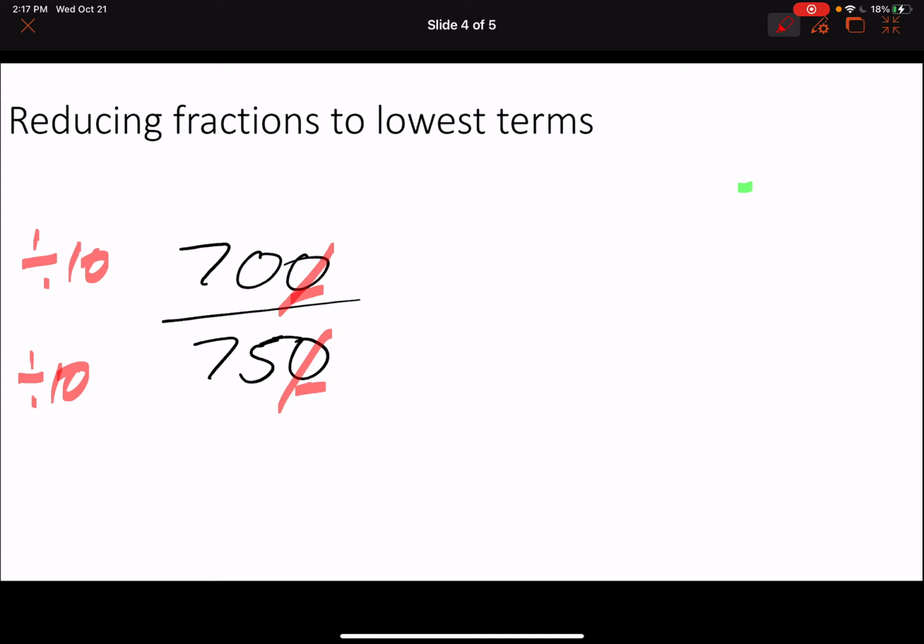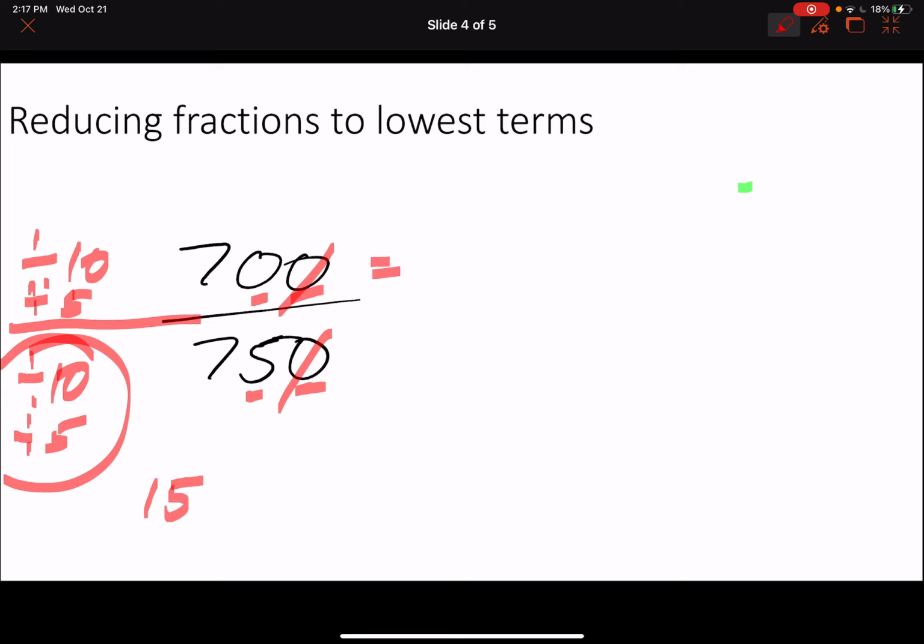Now, I also know that I can divide both of these by 5. So I know that 75 divided by 5 is going to be 15, and 70 divided by 5 is going to be 14.